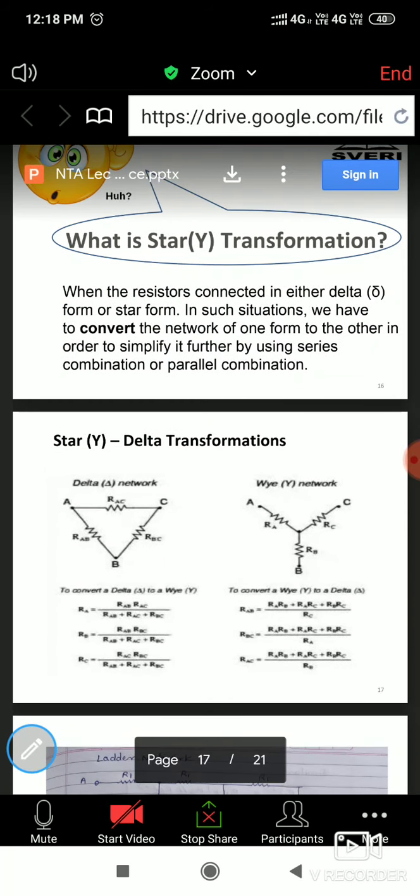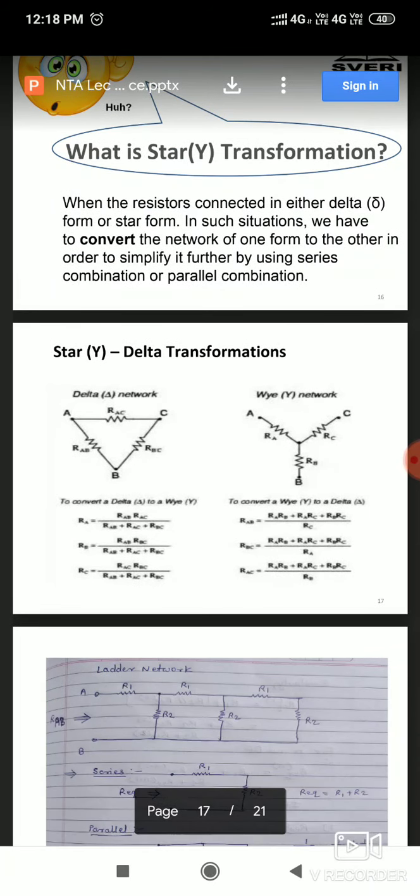Now the next point, star delta transformation. This concept, I don't know whether you learned it in BEE or BEEE, whatever subject you learn in the first year. So star delta transformation is there.